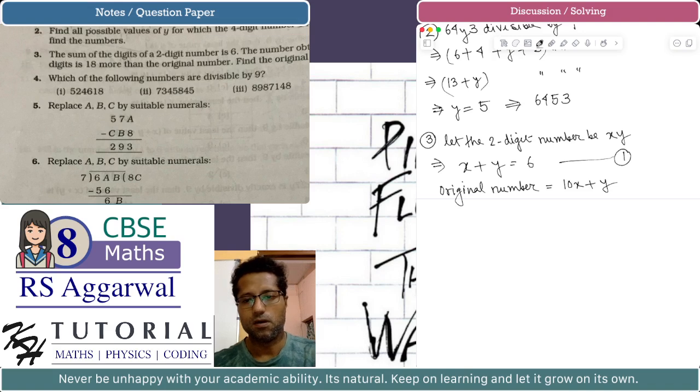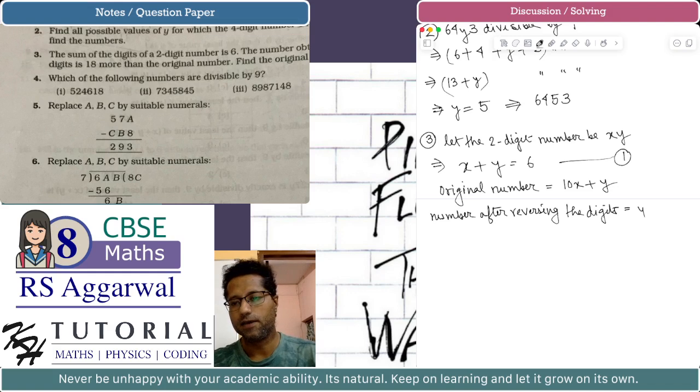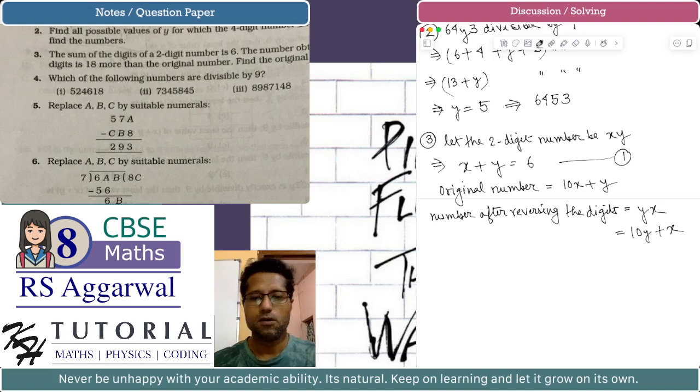Now the number after reversing the digits is yx, and the general form of the number yx is 10y plus x.